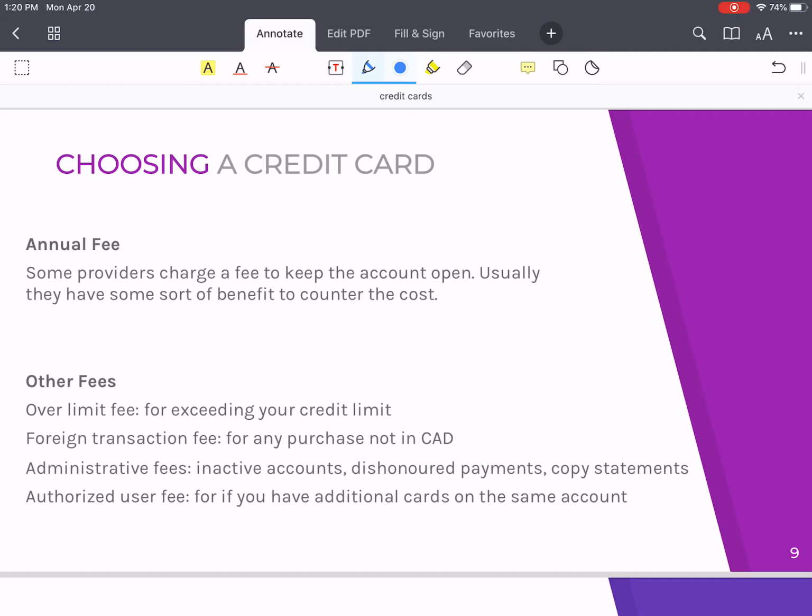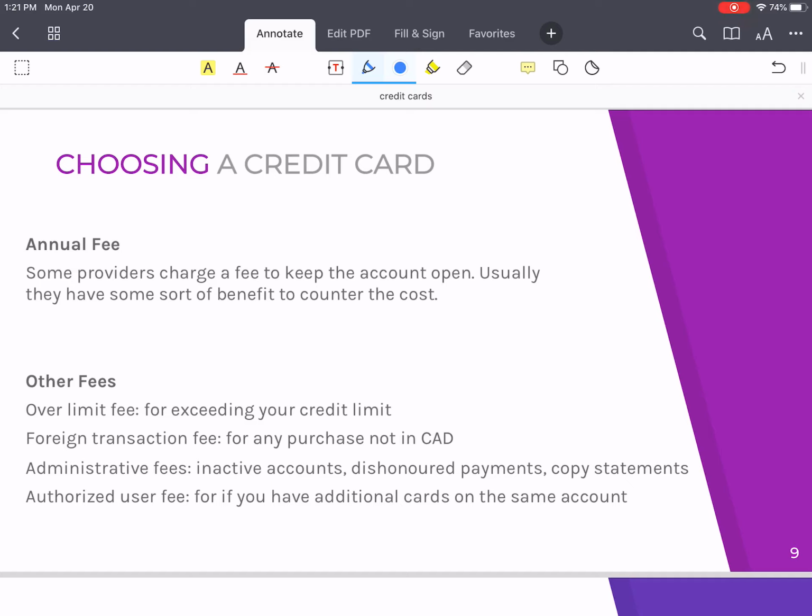All right, so there's the annual fee, and there's often also other fees, and maybe these are really specific fees, but maybe some of them could apply to you. If you have a low credit limit and you put more purchases on your card than you have money, sometimes they'll decline your card, or sometimes they will give you just a fee, so they won't embarrass you in public, but they'll charge this great fee for going over your limit.